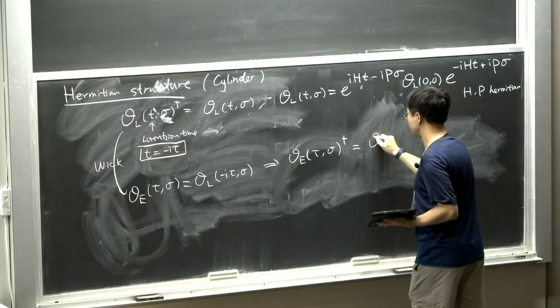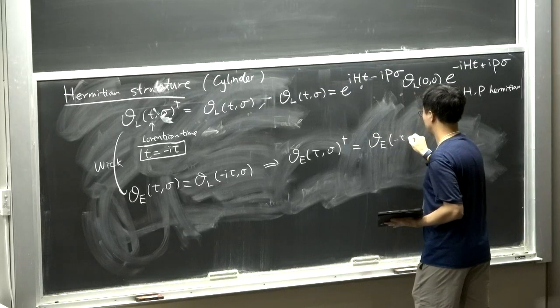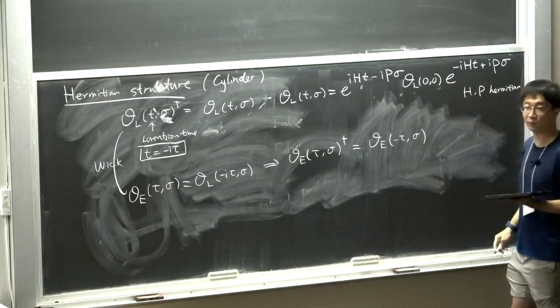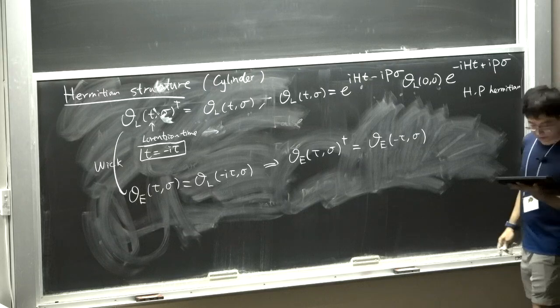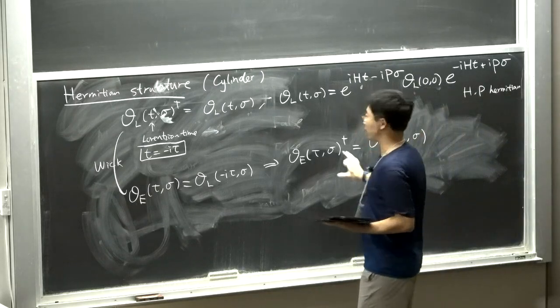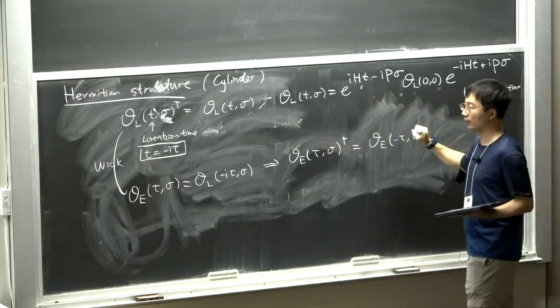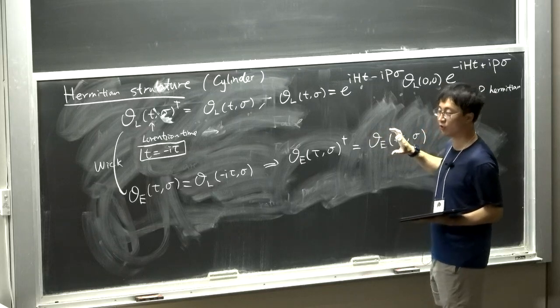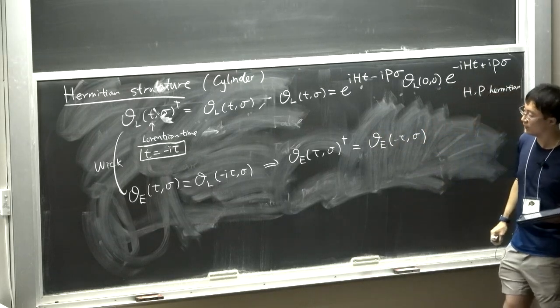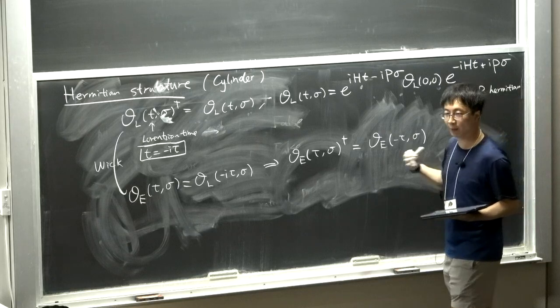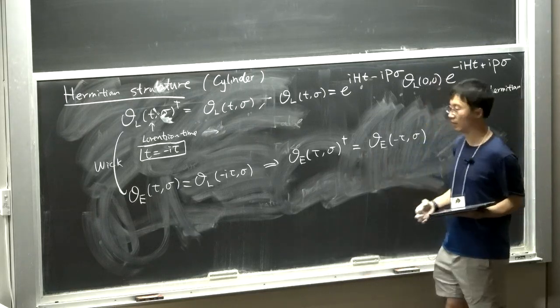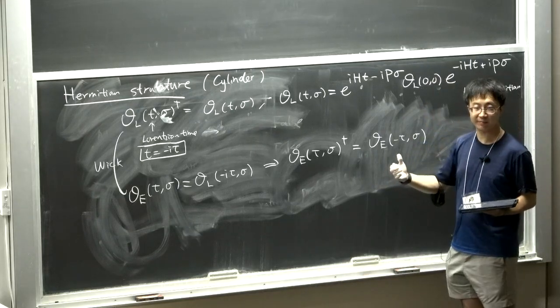That is, the Euclidean time gets reflected. Okay, nothing more. So the punchline here is that the Hermitian conjugation in the Euclidean signature involves, on top of a complex conjugation in case the operator is complex, a reflection in time.